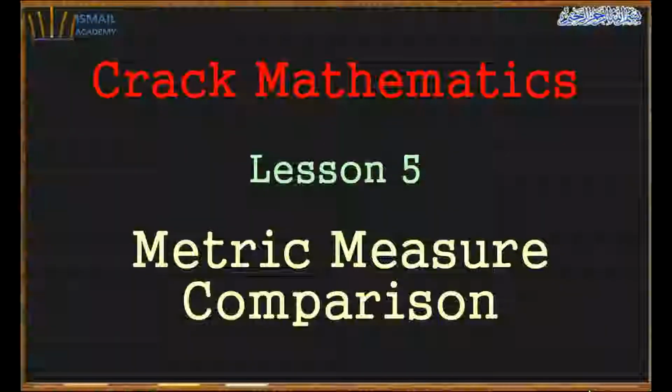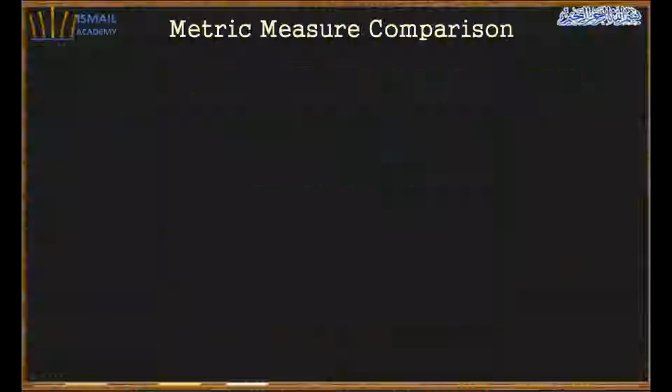Today we're going to do lesson 5. It's metric measure comparison. Comparing metric measure is the same thing as comparing numbers. There's no difference, but the only problem is the unit measure.